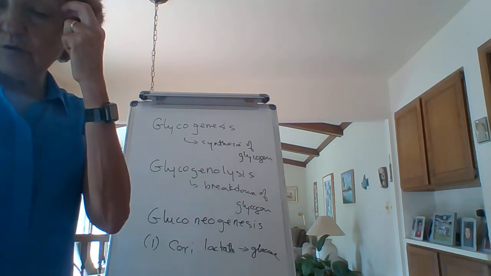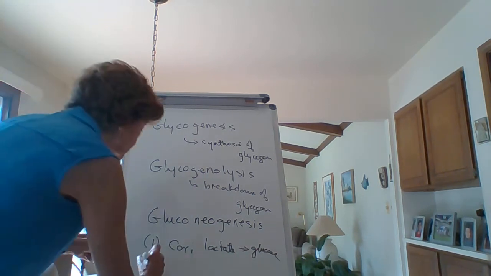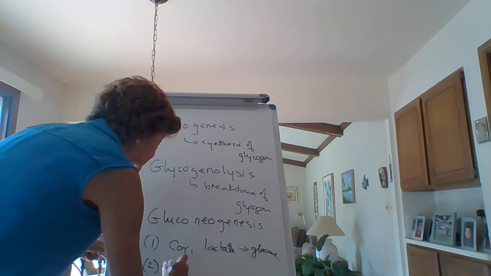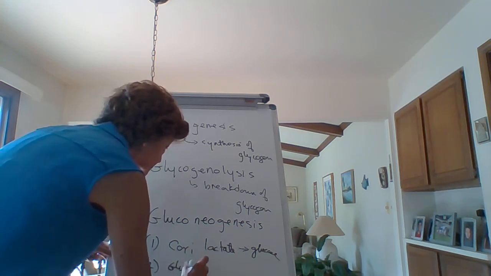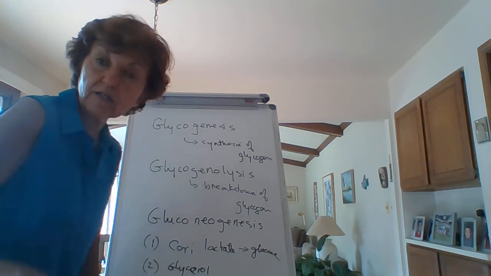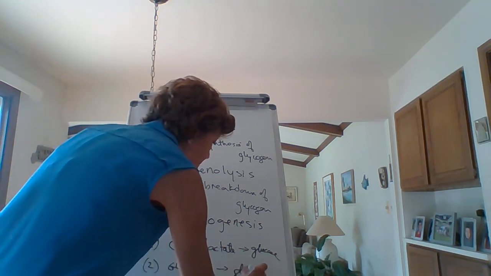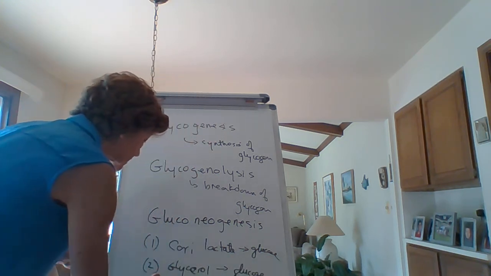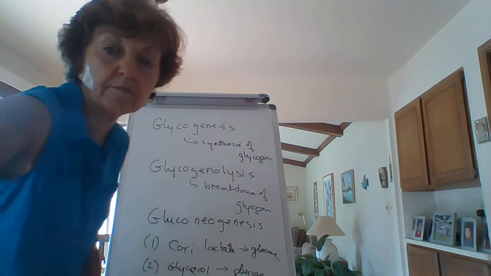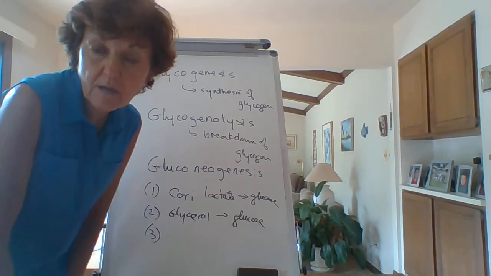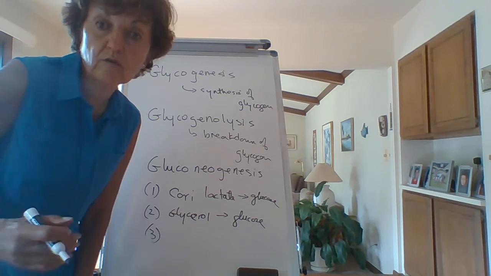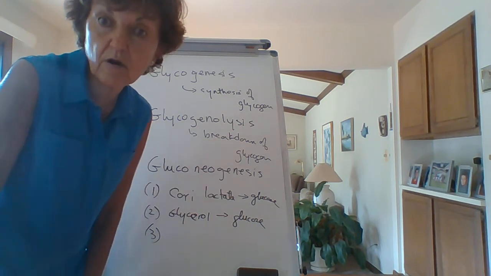Another type of gluconeogenesis is you can take that glycerol from the triglycerides and you can turn that into glucose. And then there are some amino acids, we call them glucogenic amino acids, meaning that those amino acids can be used to make some carbohydrate.